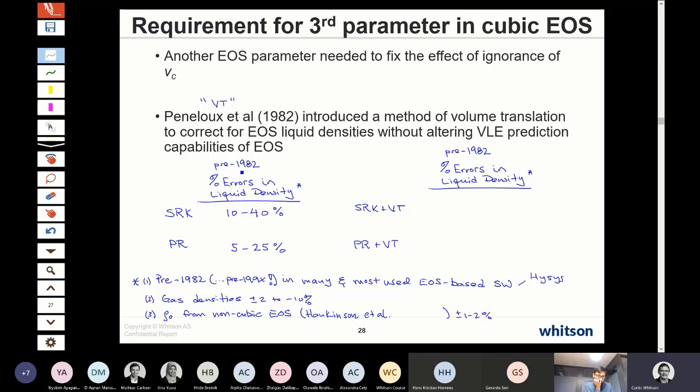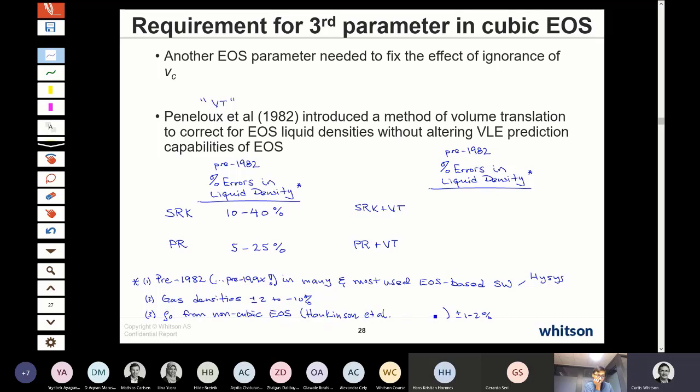So what they were getting were gas densities that were okay. The software HYSYS in particular, as the main surface process simulator, gave gas densities that were generally okay, certainly at process conditions within a couple of percent. So they used the cubic equation of state for gas densities, but for the oil densities, they used a non-cubic correlation. It was by Hankinson.